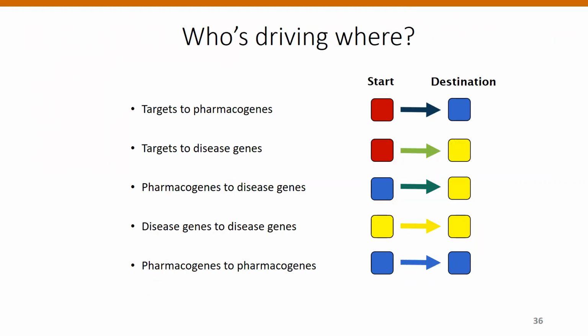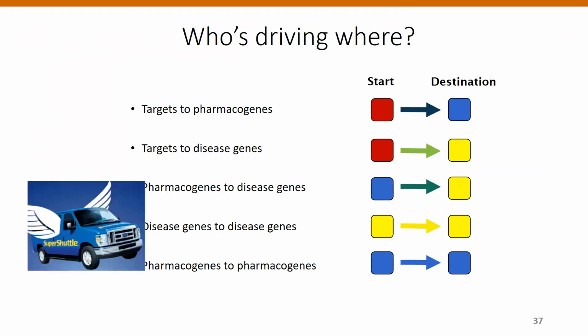We start with drug targets driving to disease genes. And we also have intermediate driving between pharmacogenes and disease genes to other disease genes, pharmacogenes to other pharmacogenes. And the last three we regard as some kind of super shuttle, in which you might want to get from the drug target to the disease gene in the fastest way you could, but you still have to pick up some passengers, which are other pharmacogenes or other disease genes along the way.